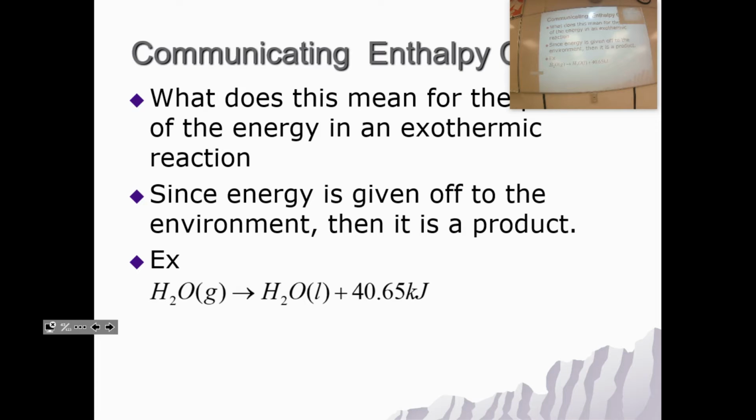So an example like this case, it's a phase change where we have steam becoming liquid water, and energy is a product in that equation. Have you ever stuck your hand in steam? You know your hand gets hot because it's absorbing the energy as the steam cools down to liquid water.